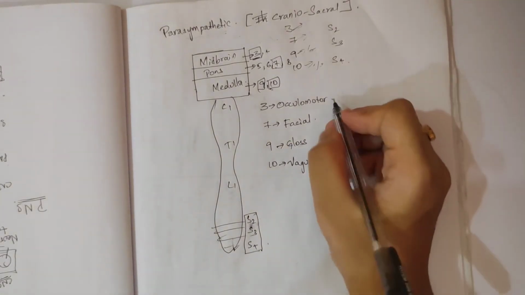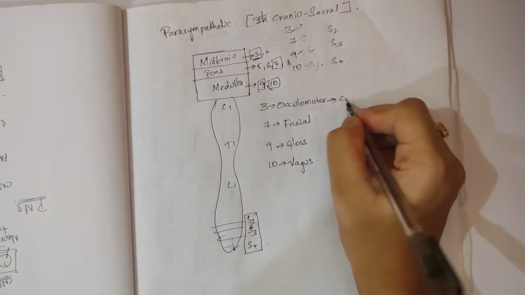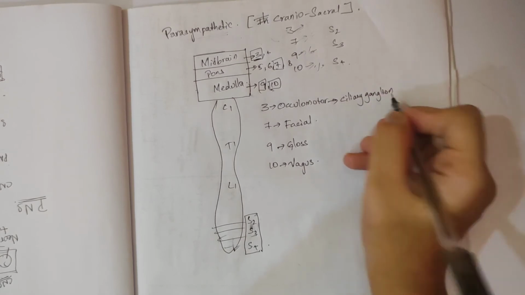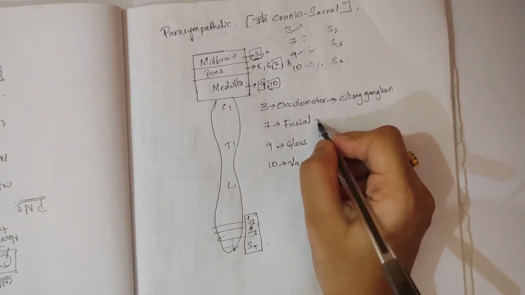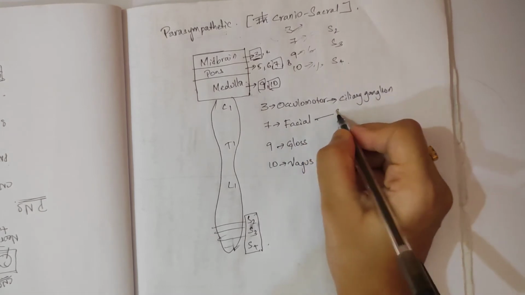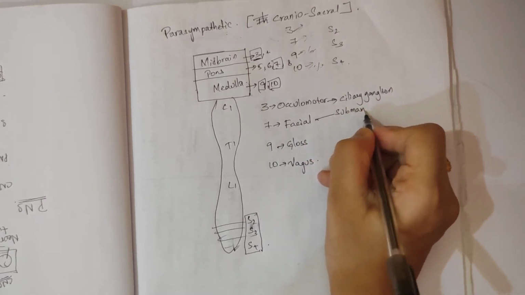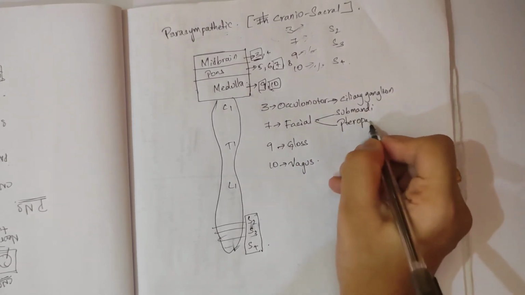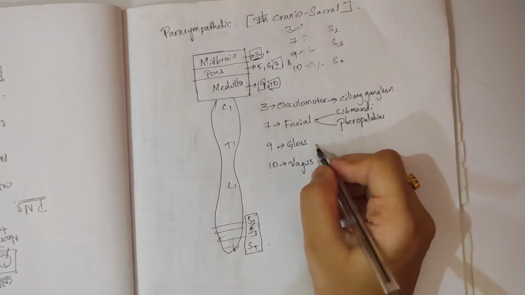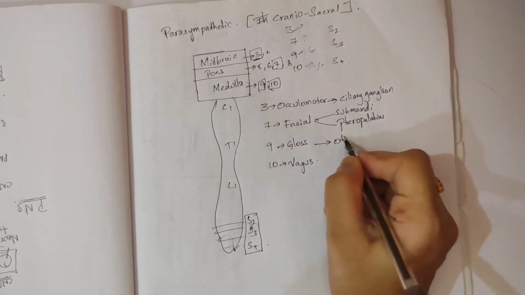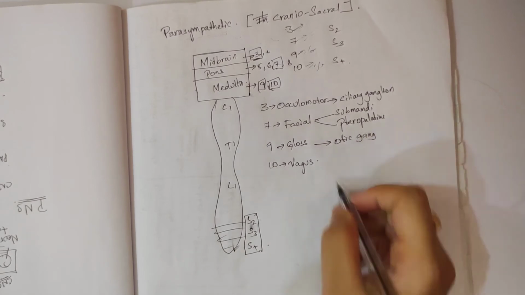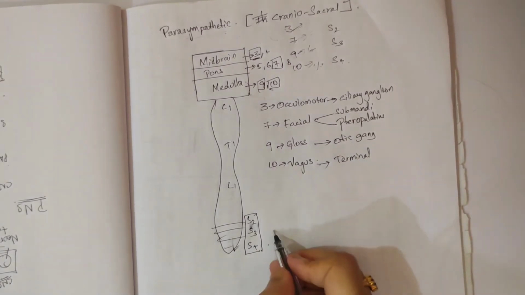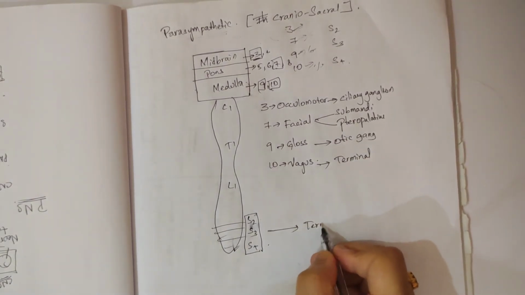So this oculomotor nerve forms the ciliary ganglion, and this facial forms 2 ganglions, that is submandibular and also pterygopalatine, and glossopharyngeal forms the otic ganglion, and vagus forms terminal ganglia, and the sacral also forms terminal ganglia.